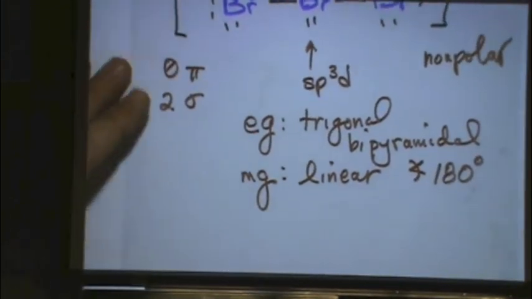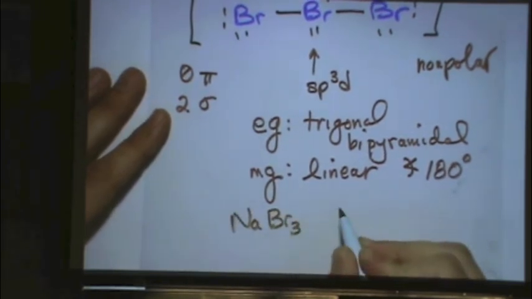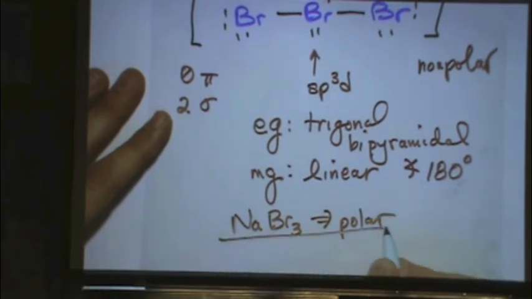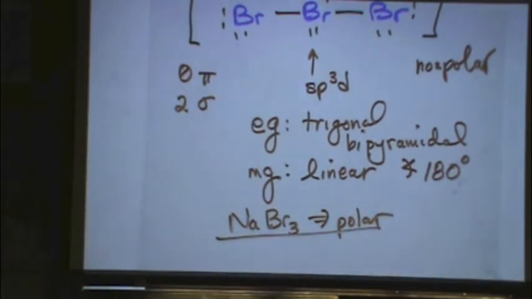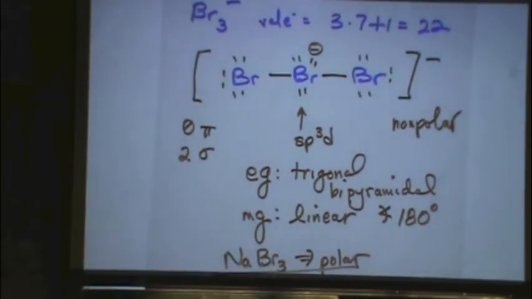Now, if it said something like sodium Br3, then this would be polar because it's got that sodium. All right. So that would be kind of a sample of an entire problem.